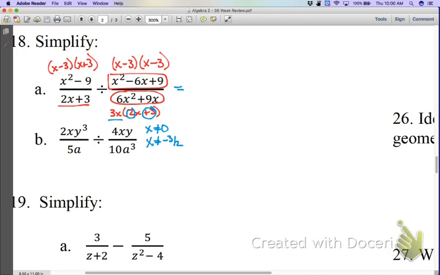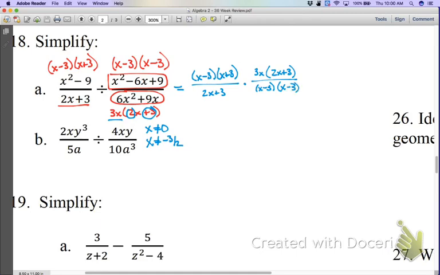I keep the first fraction, x minus 3, x plus 3 over 2x plus 3, times, change the sign, and then flip the second fraction, so I have 3x times 2x plus 3 divided by x minus 3, x minus 3 again.